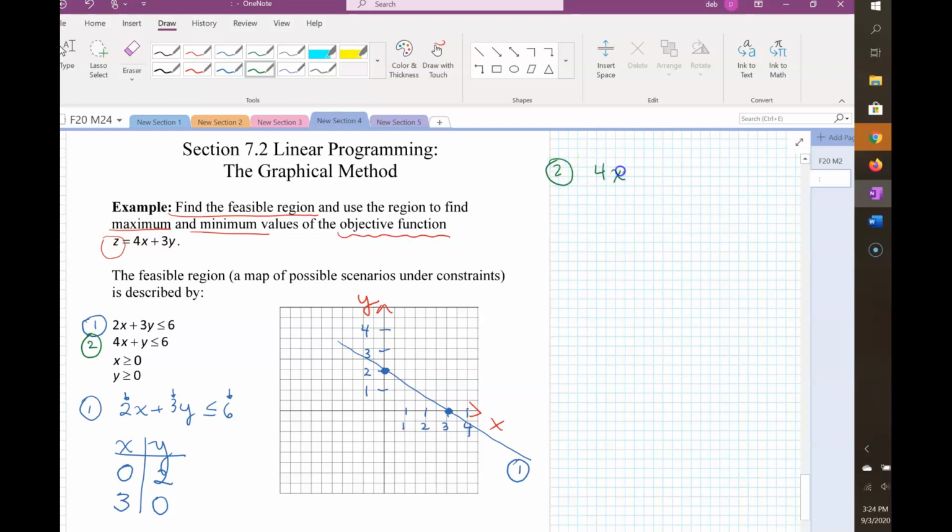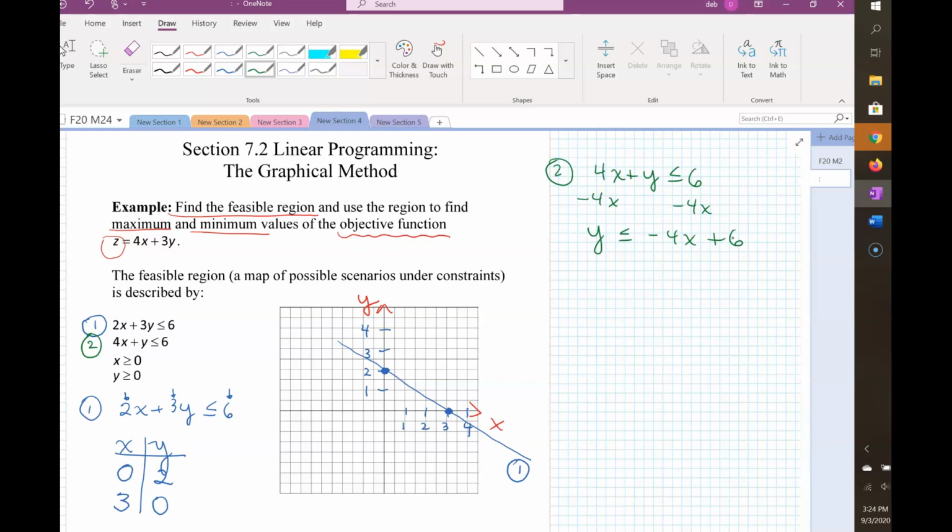I have 4x plus y is less than or equal to 6. So 4 doesn't divide evenly into 6. So I'm going to go ahead and subtract 4x from both sides to get it in slope-intercept form. So I have y equals negative 4x plus 6.